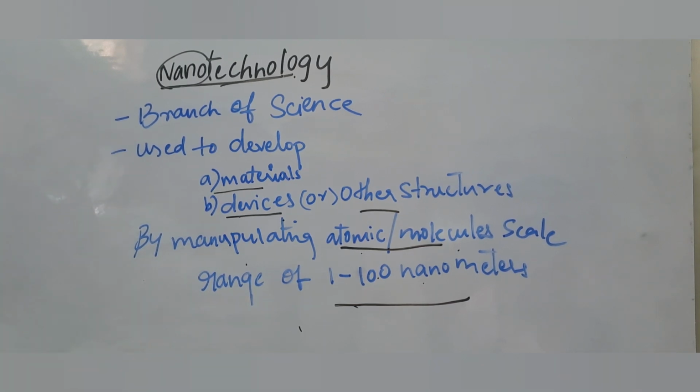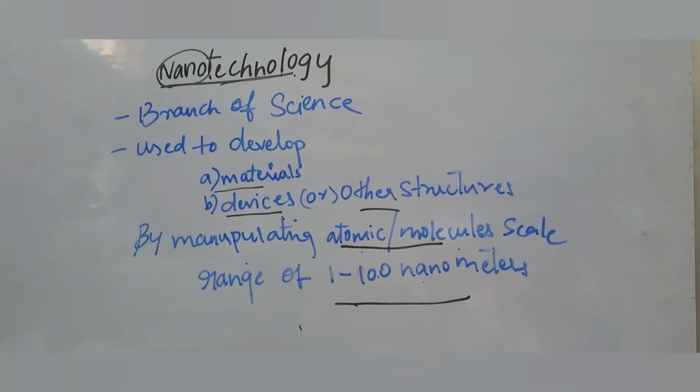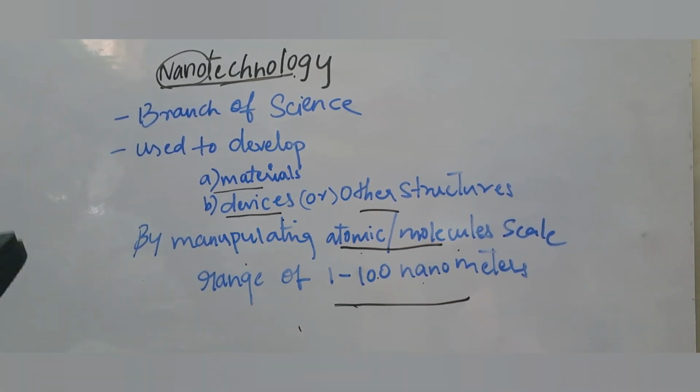So let us see what the scope and the potential uses of nanotechnology are in industry, or in the world. There are so many scopes and potential uses of nanotechnology, of which you are also aware: nano emulsions, nano sensors, even what we are using in boat watches or smart watches.